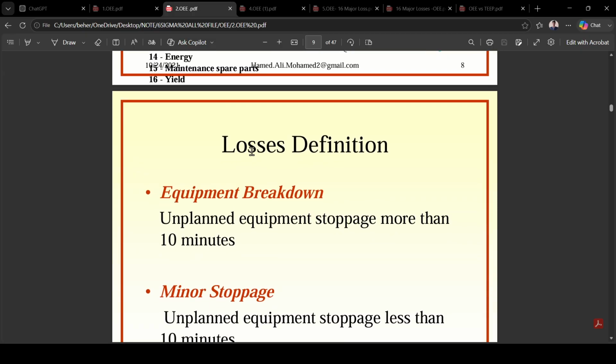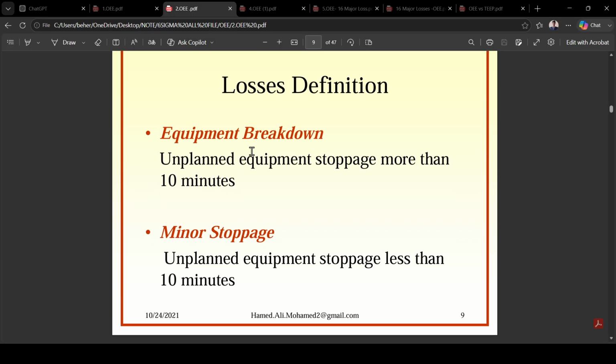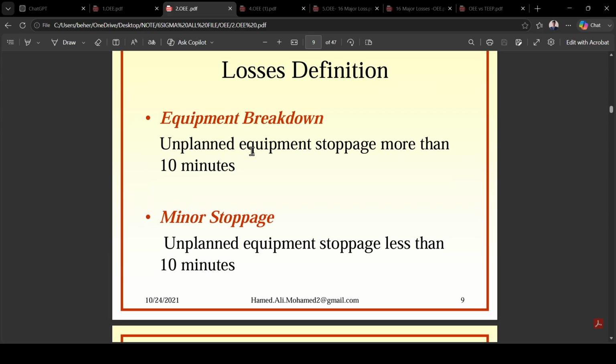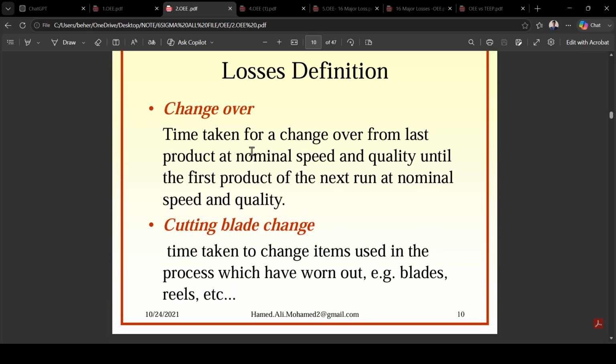So, loss definitions. Equipment breakdown: unplanned equipment stoppage of more than 10 minutes. Minor stoppage: unplanned equipment stoppage of less than 10 minutes. Changeover: time taken for a changeover from the last product at nominal speed and quality until the first product of the next run at nominal speed and quality.